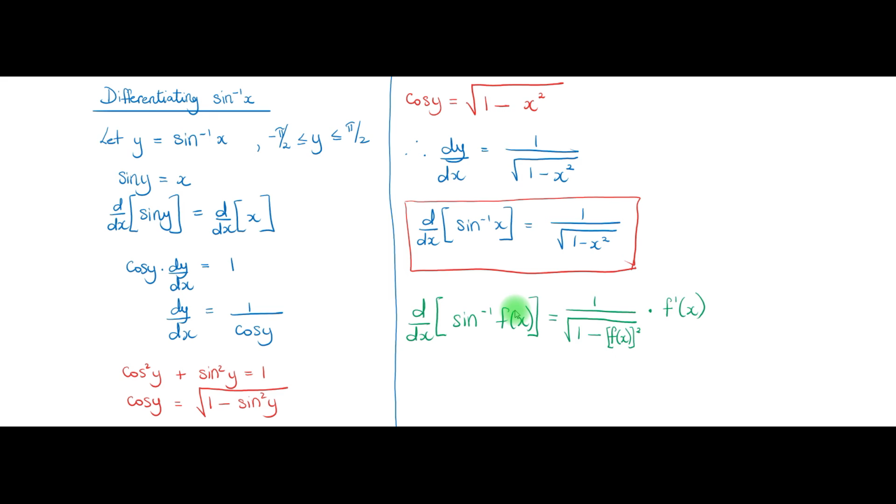So the derivative of sine inverse f of x is equal to f prime x over the square root of 1 minus f of x squared. And then I can use this to differentiate sine inverse of any function of x.